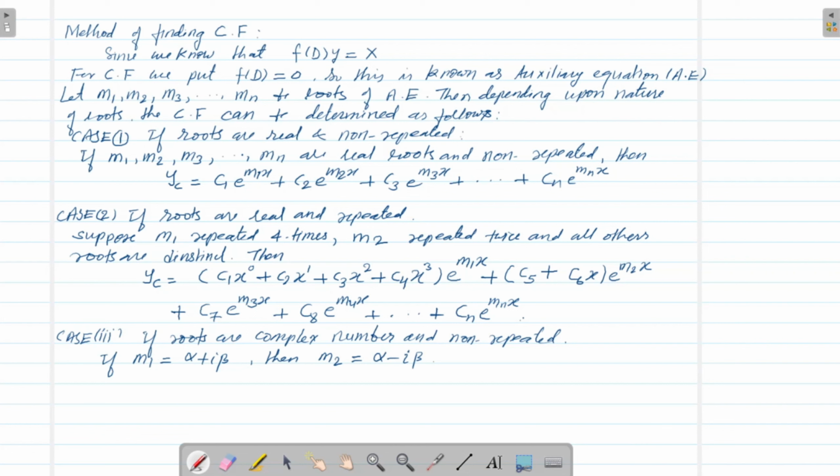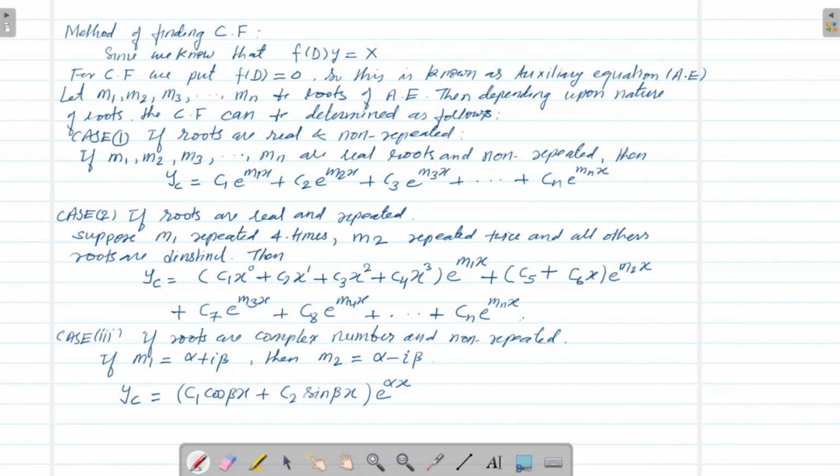Then the complementary function is given by yc equal to c1 cos beta x plus c2 sin beta x, into e raised to alpha x. Here we ignore the complex conjugate root and take only the positive root, that is m1. Here beta is the imaginary part and alpha is the real part. So this can be written as c1 cos beta x plus c2 sin beta x into e raised to alpha x.